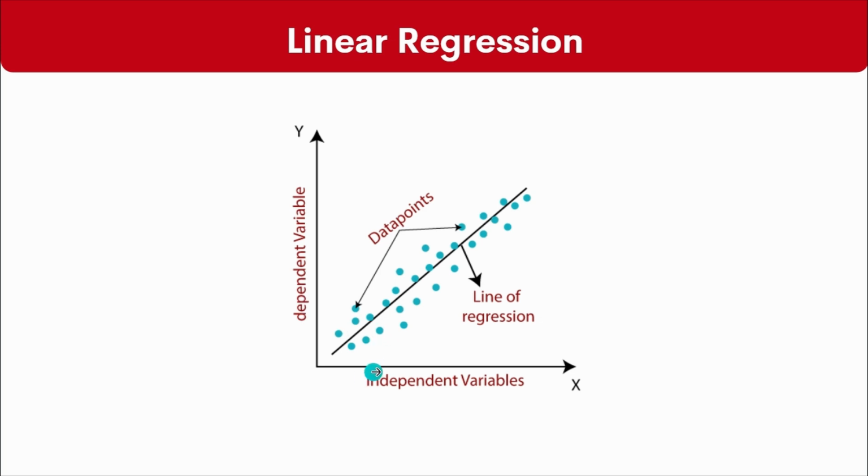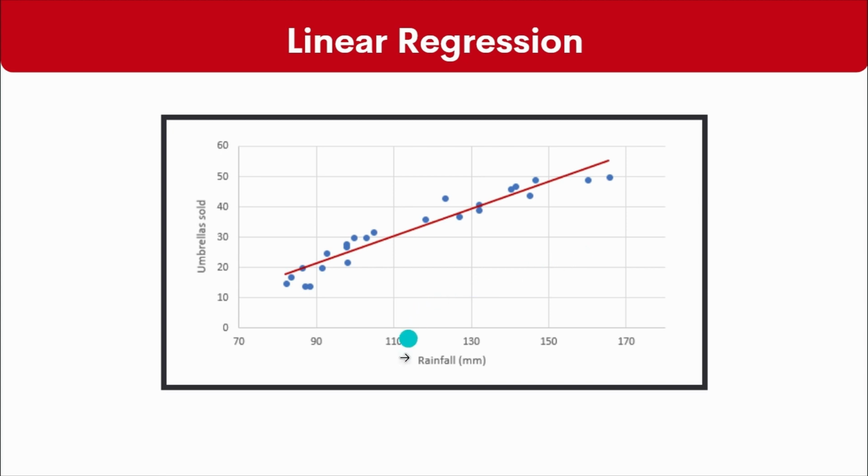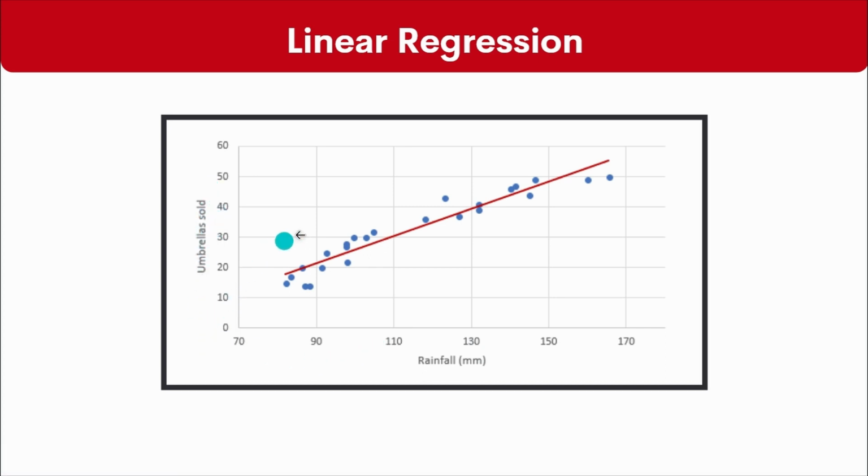So what we are doing is plotting it in a scatter plot and trying to fit it in a straight line. For example, we can see it with this example. Here you have only one feature, which is rainfall, and your target is to find how many umbrellas are sold, and you are plotting it in your data set.